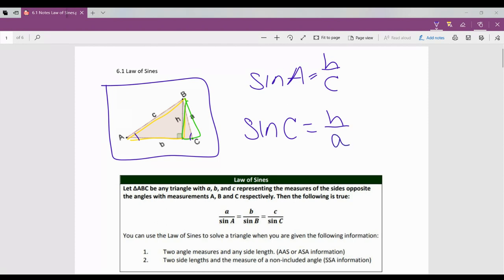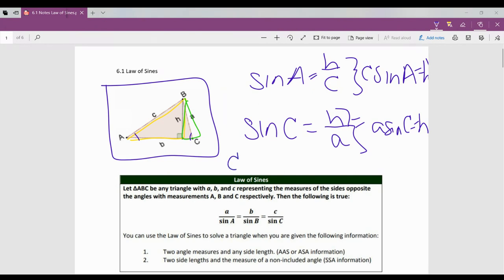All right, so once I have this, I've got two equations. What I can do is multiply by C for the first equation. So this becomes C sine A is equal to H. And this one becomes A sine of C is equal to H. And then from substitution, you could set them equal to each other.